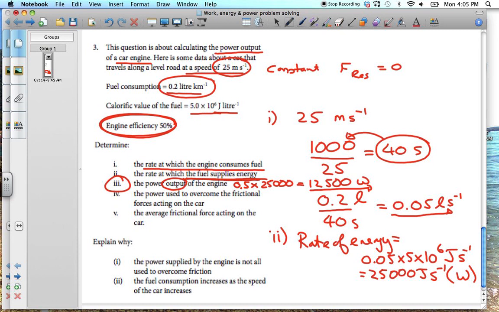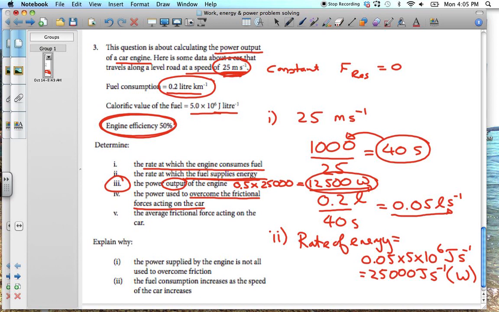The power used to overcome the frictional forces acting on the car. This would basically be this value over here, because the car is going at a constant velocity of 25 meters per second, it's not accelerating at all.